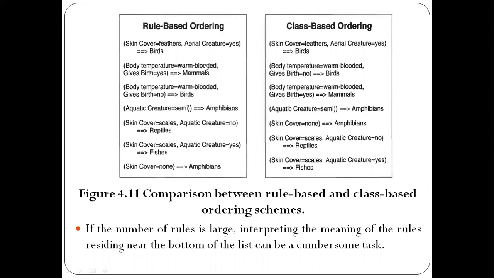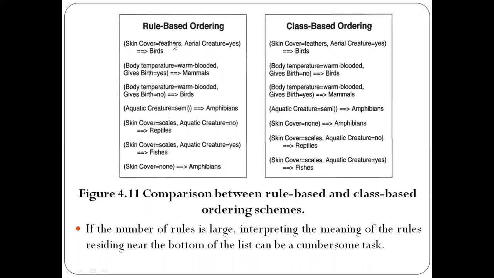And then body temperature is warm blooded here, but the negation of this will be cold blooded. And then it will be considered as an aquatic creature. That is the negation that we will be assuming in case of lower ranked rules. So lower ranked rules will be considered as the negation of the higher ranked rules.